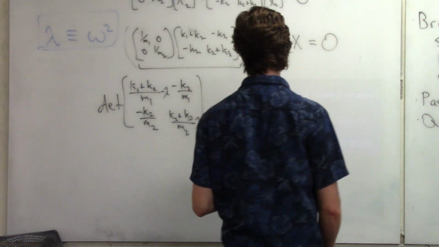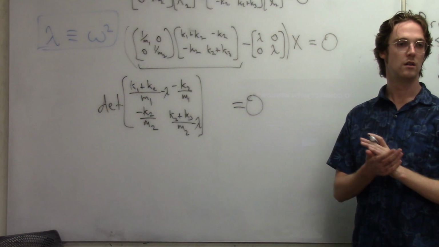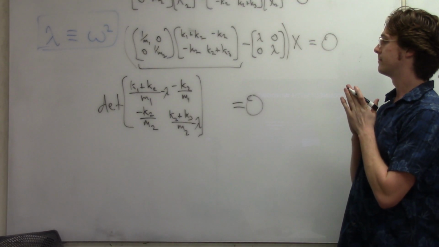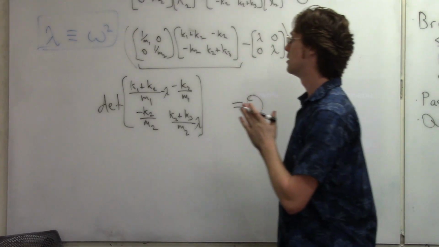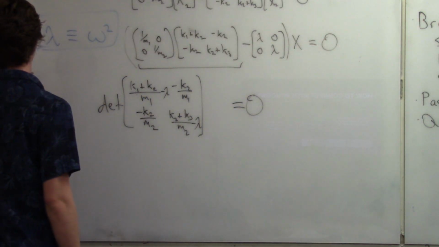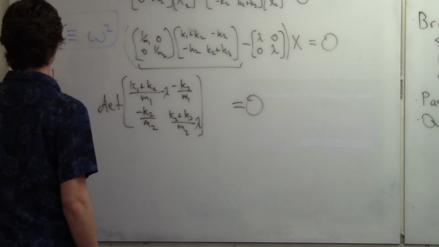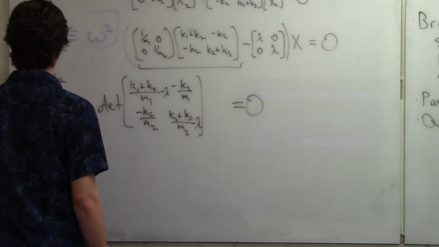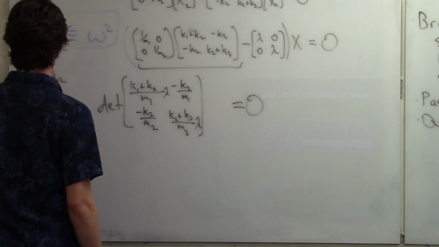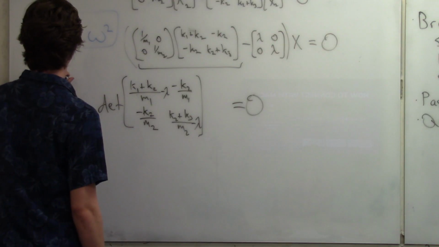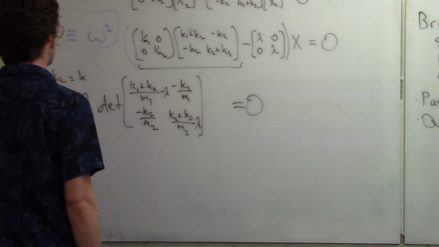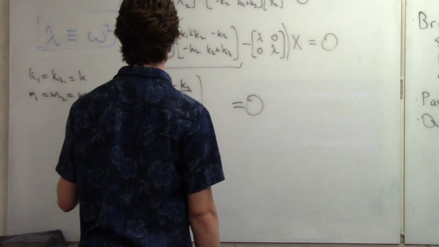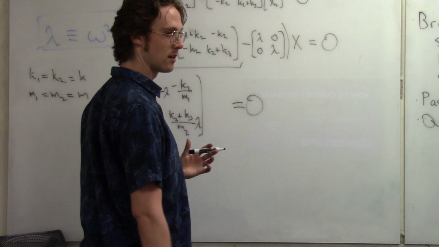So when we work that out, we're going to get something crazy, so let's make this simpler on all of us by declaring that K1 equals K2 equals K and M1 equals M2 equals M. And then we're going to factor out a K over M from all these.